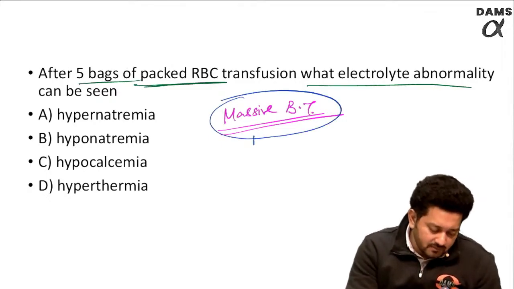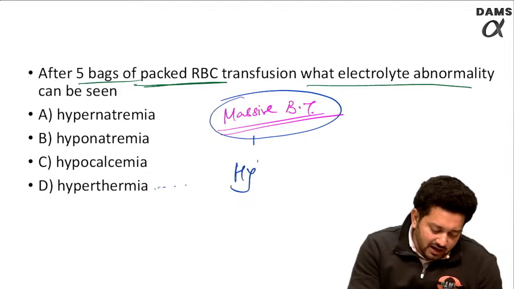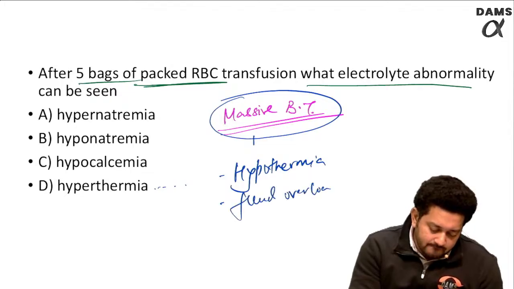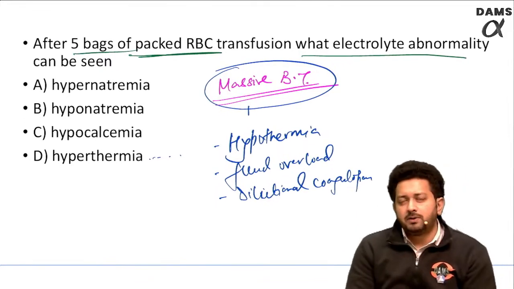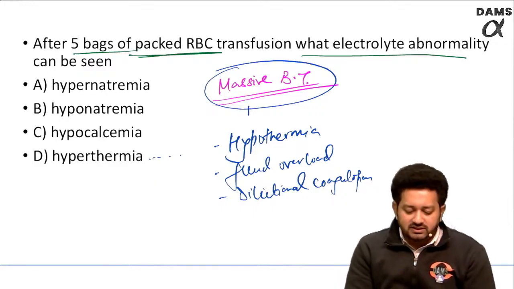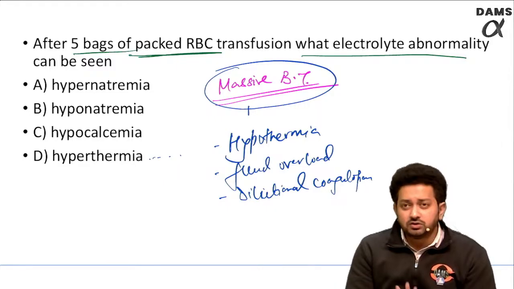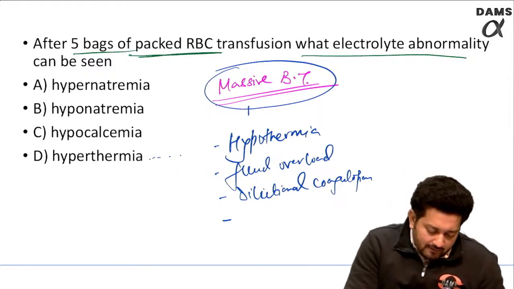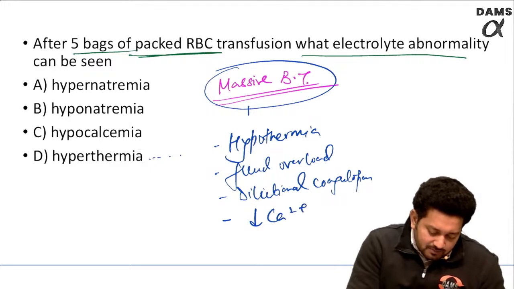First of all, talking about this, you will see hypothermia, not hyperthermia. There can be fluid overload. There can be dilutional coagulopathy. Now, in the stored blood, they use the anticoagulant CPD, citrate phosphate dextrose, and that CPD causes hypocalcemia, hypomagnesemia.